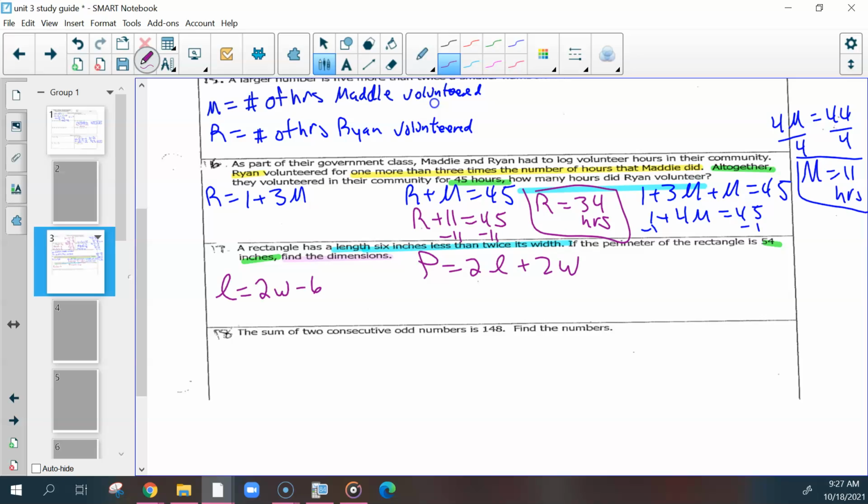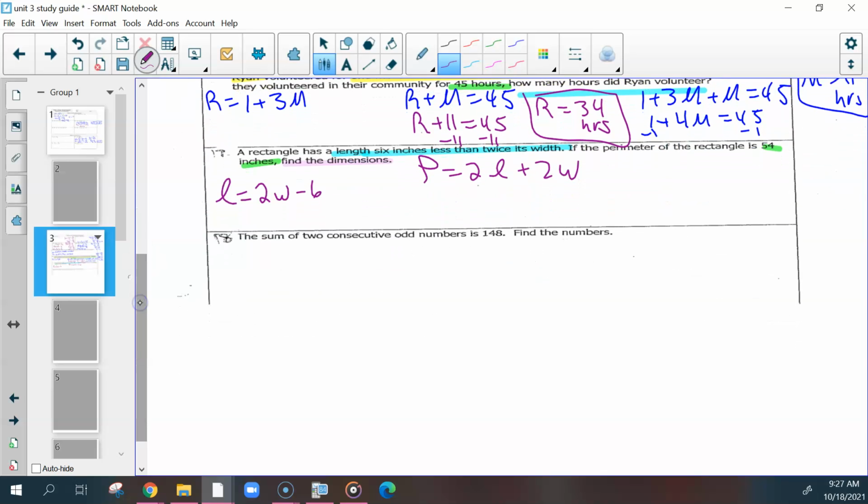Now that we know what our equation for our length is, we can put that into our perimeter equation as well as the 54 that they told us. We can solve for W and then solve for L.